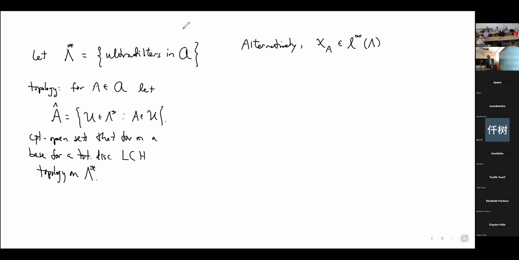It's in little L infinity of Lambda. Now, since the ring A is closed under intersection, these are closed under multiplication. So the span of these is a star algebra inside of little L infinity.